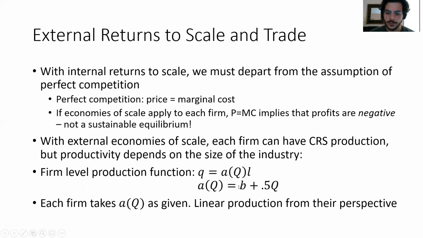So there's a certain base level of productivity B, and as total quantity increases, A is also going to increase. Importantly here, each firm takes A of Q as given. So from their perspective, they have linear production. So they have constant returns to scale. It doesn't matter how much they produce, it's how much everyone else is producing for the various reasons we talked about before. Labor market pooling, specialized suppliers, or just shared knowledge.